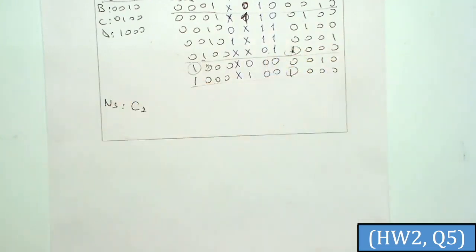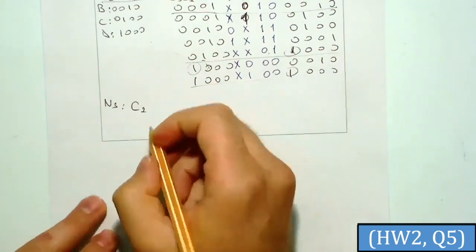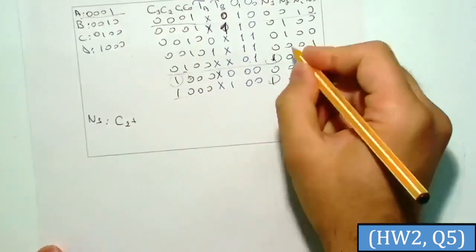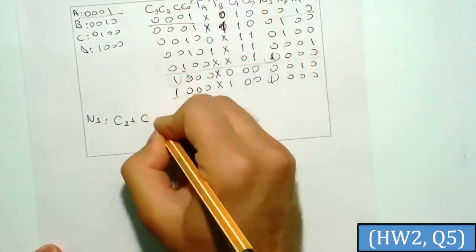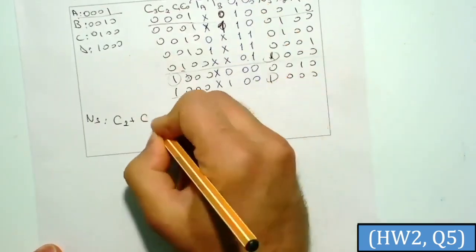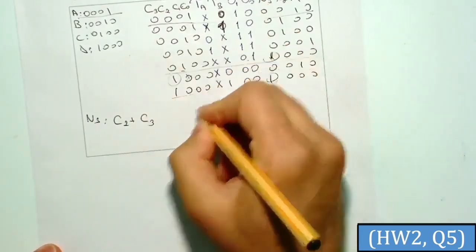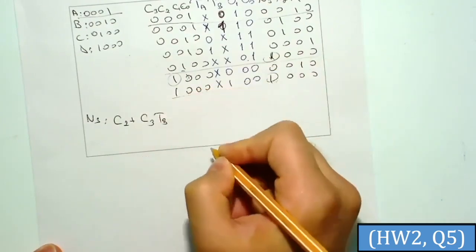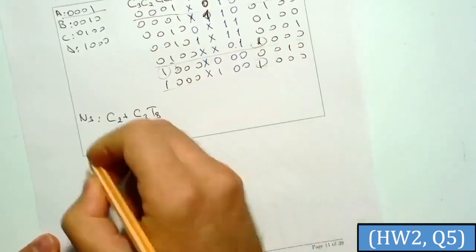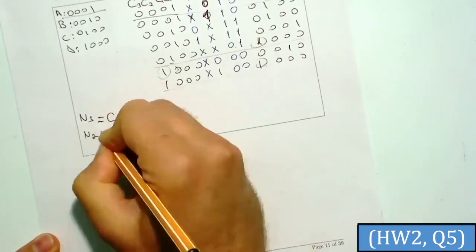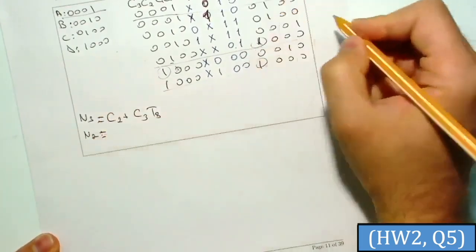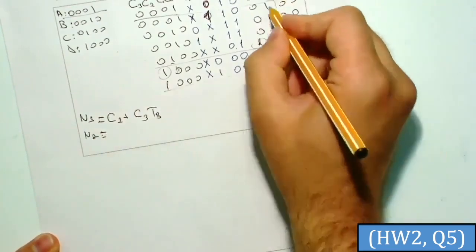So let me do some sanity check here. All right. The second one is this, when N3 is 1 and C3, and also TB, I guess. All right. Okay. So for N2, I have 2 rows as follows.